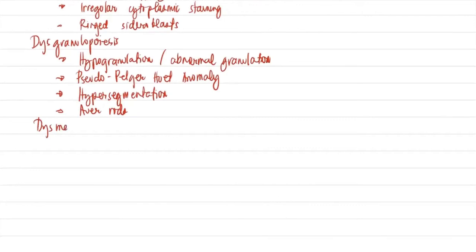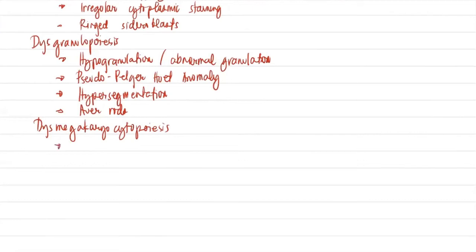So magkakaroon ka din ng dysmegakaryocytopoiesis. Kasi nga guys, from the name itself, myelodysplastic syndrome, there is a dysplasia of the myeloid lineage. Ano ba yung nag-a-arise sa myeloid lineage? Yung RBC natin, yung WBC natin, tsaka yung ating mga platelets.